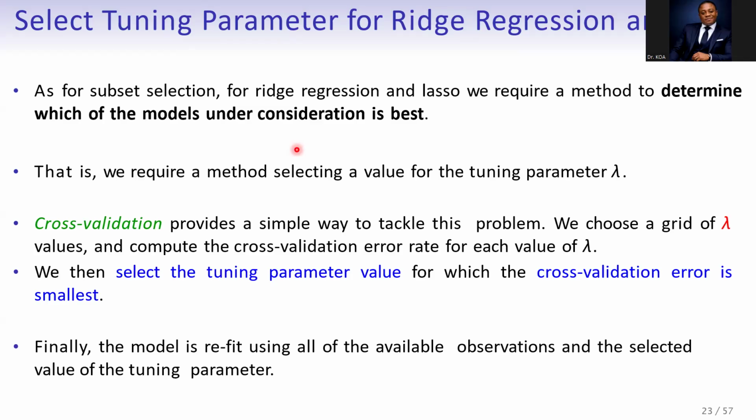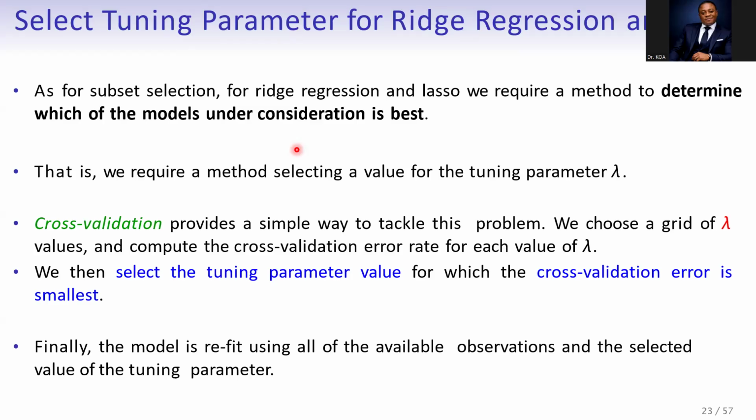And the best method is cross-validation. You remember cross-validation? It gives you a simple way to get the best lambda. This is how. You choose a grid, a set of lambda values. Then you calculate a cross-validation error for each of the lambda values you've selected.